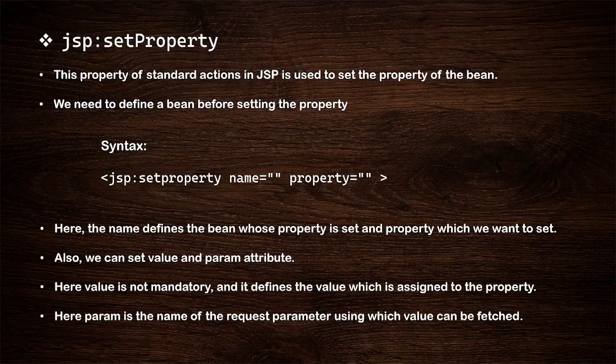Also, we can set value and param, where value is not mandatory and it defines the value which is assigned to the property. Here param is the name of the request parameter using which the value can be filled.